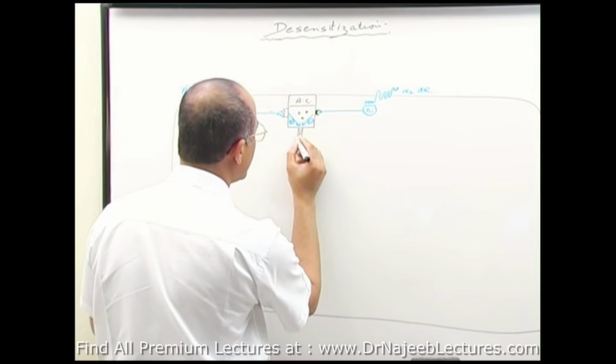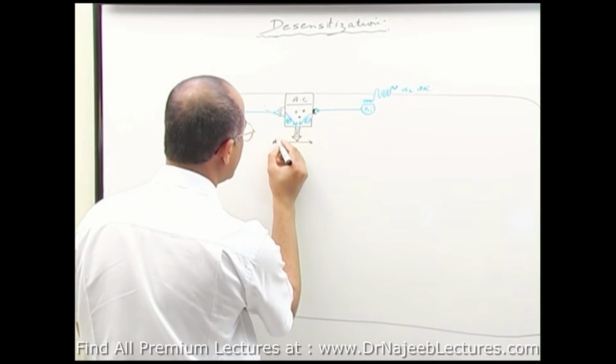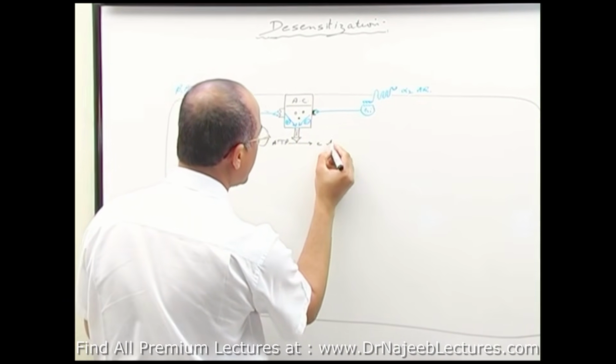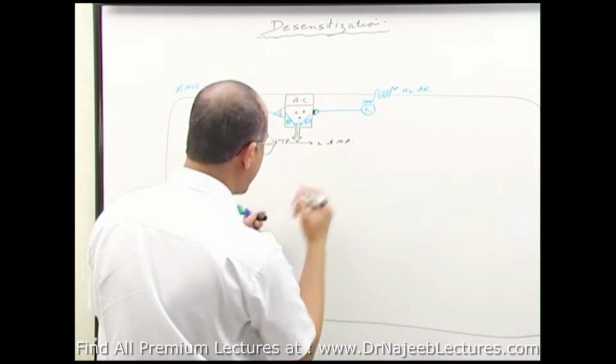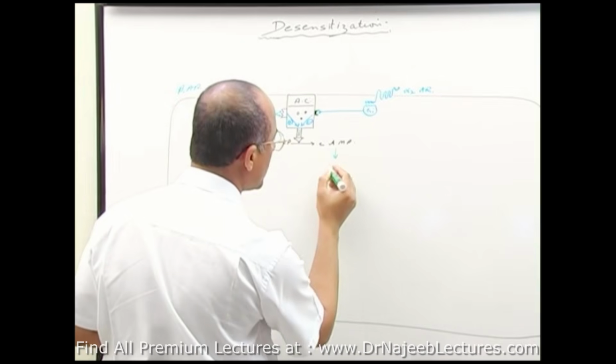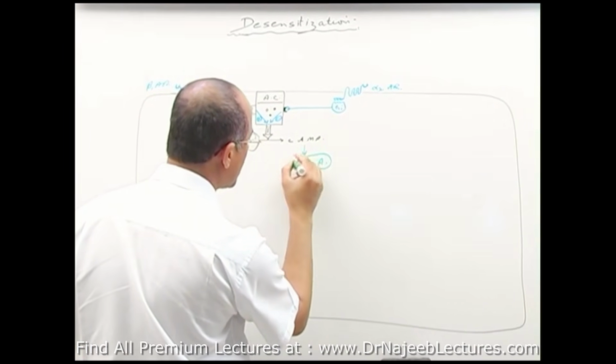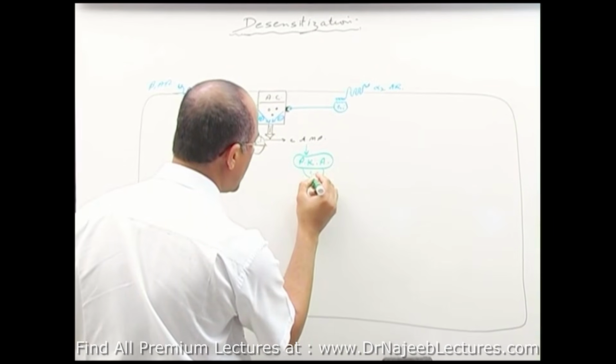Adenylyl cyclase is responsible to convert ATP into cyclic AMP, and cyclic AMP stimulates protein kinase A.